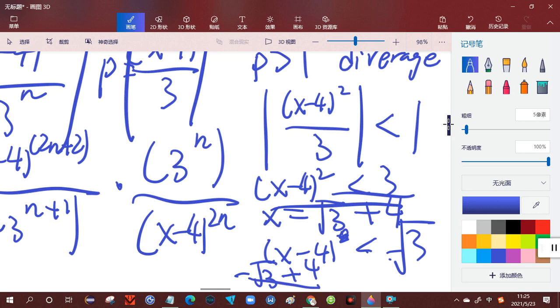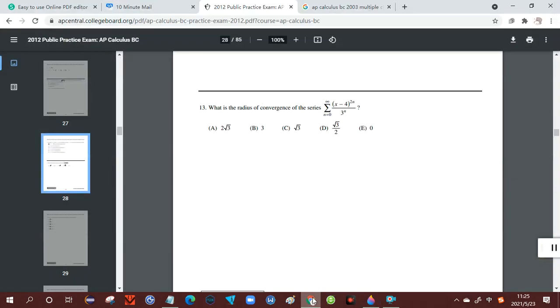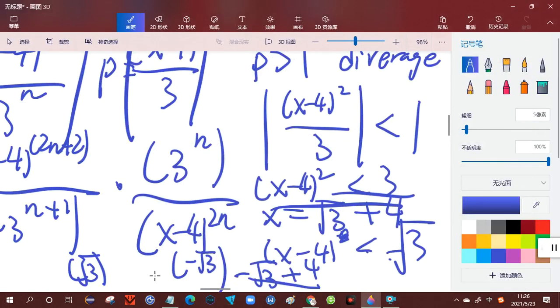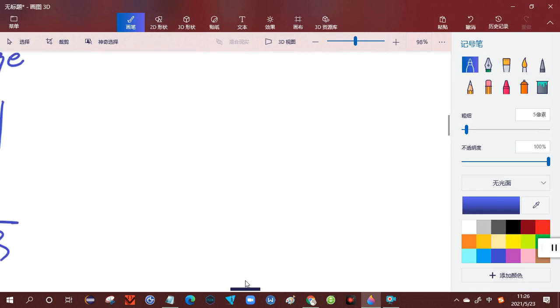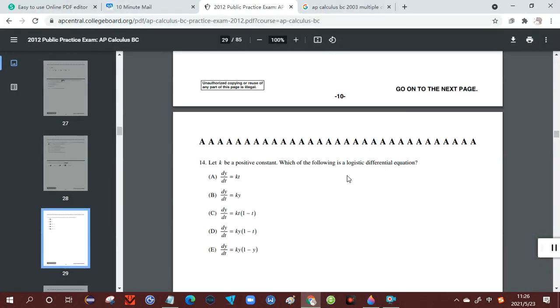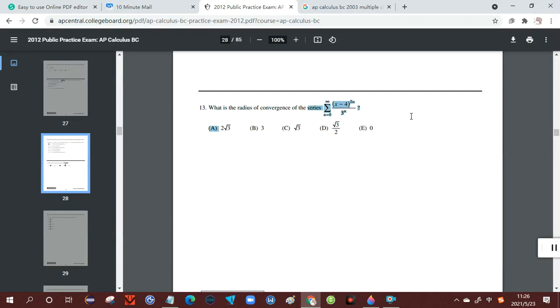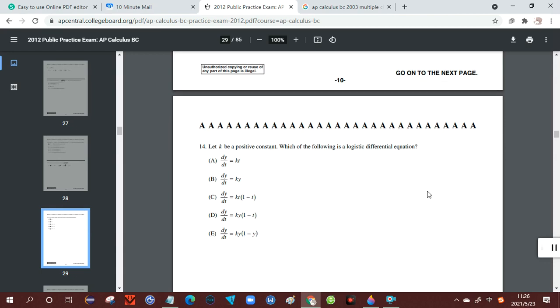In both solutions, we find that the starting point and the ending point differ by root 3 on each side of 4. So therefore our final answer is going to be root 3. Recall that the distance is 2 root 3, and then we divide by 2, which is equal to root 3. Remember, it's radius of convergence, not diameter. You can see that those four choices are pretty similar, so this problem possibly makes many people get it incorrect.